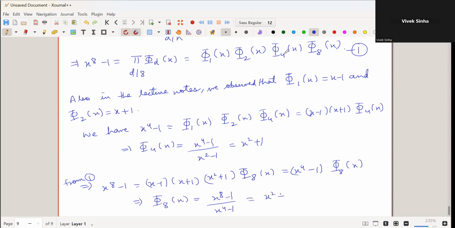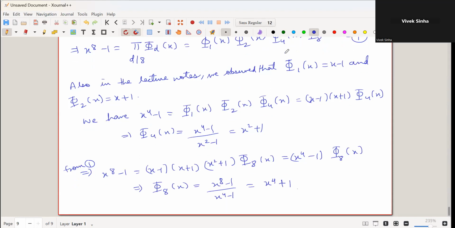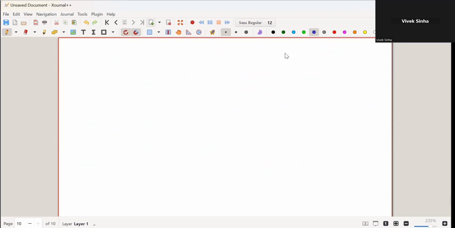Which implies phi 8 of x is, you divide x^8 minus 1 by x^4 minus 1, you will get x^4 plus 1. Okay, that is what phi 8 of x is. So that's what we are supposed to find.